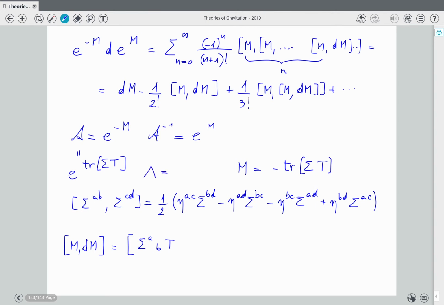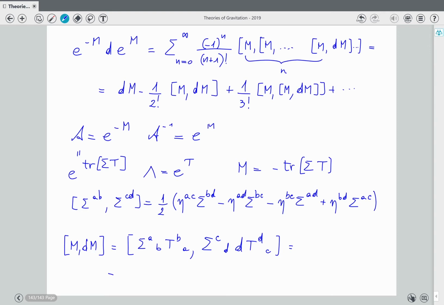The matrix lambda is just E to the matrix T. So you have MDM, and dm can only be this, because sigma is constant. That's it. The commutator, again, is a commutator of what? Of matrices. These are matrices, gamma matrices, multiplying it.